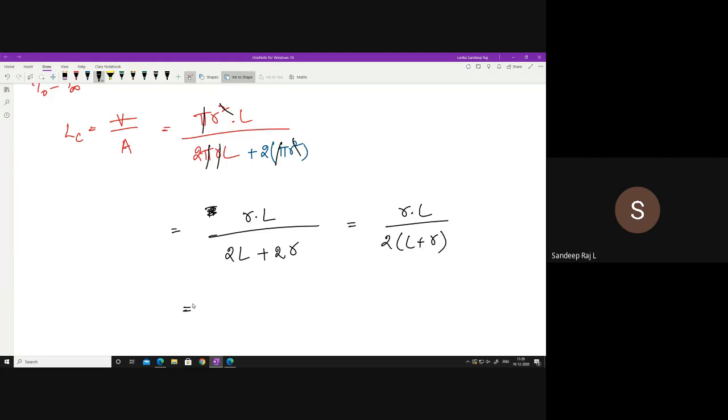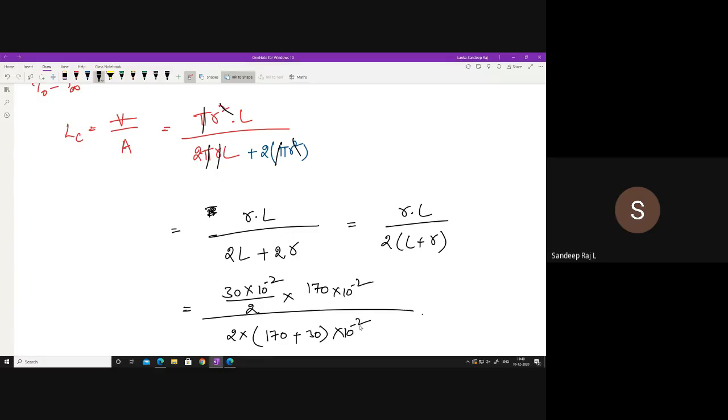Anyways, the R value is 30 into 10 to the power of minus 2 by 2, because the diameter is given as 30 centimeters, and the L is 170 by 2 into (L plus R). The L value is 170 and the R value is 30. This should also be converted to meters.